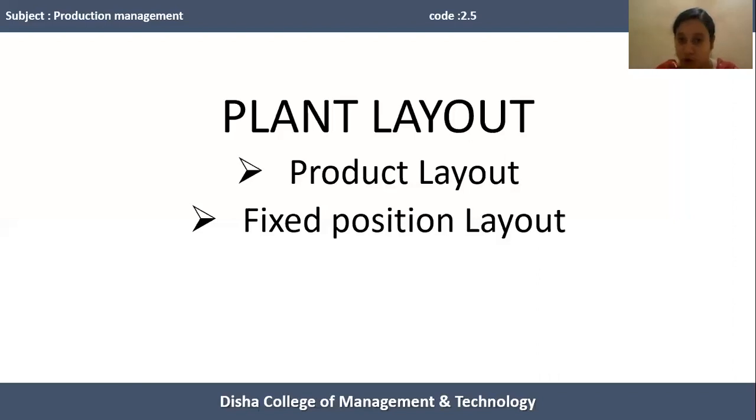So in case of process layout, first the production manager locates different departments, and after identifying them, he installs similar types of machines in a particular department, and after that the product, or the semi-finished goods, has to move from one department to another department for manufacturing.